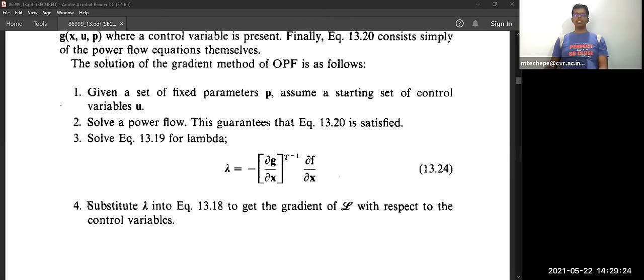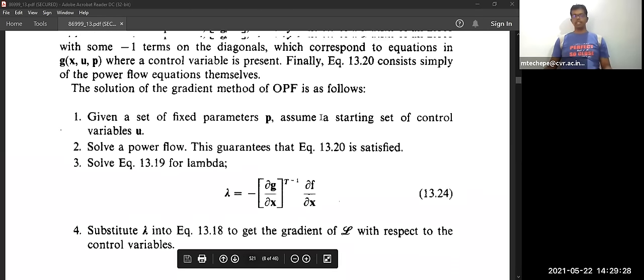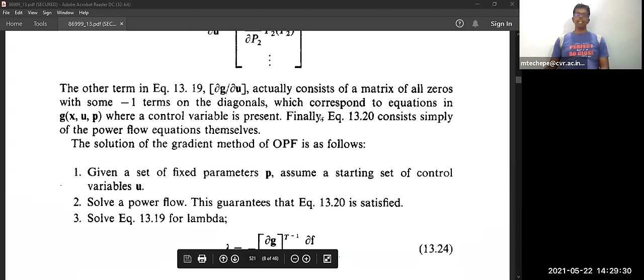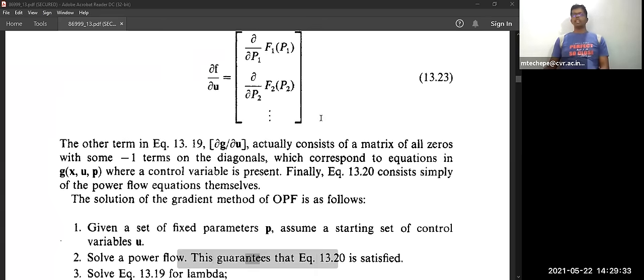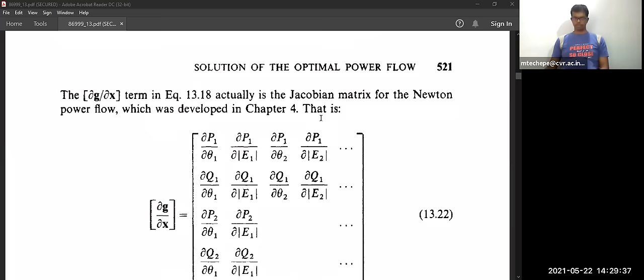Now substitute lambda into that gradient of L. This we already derived, no? Gradient of L is equal to one big formula.